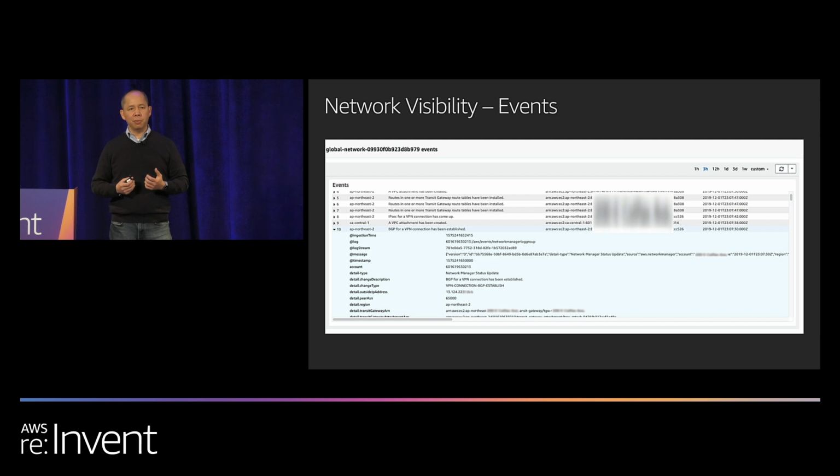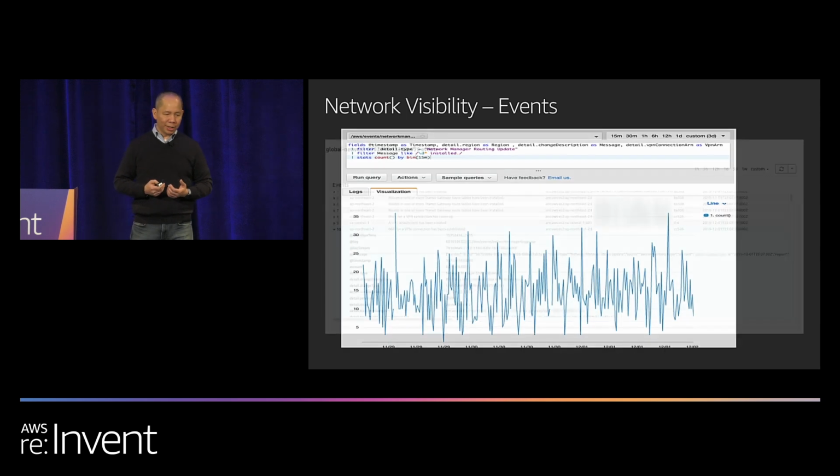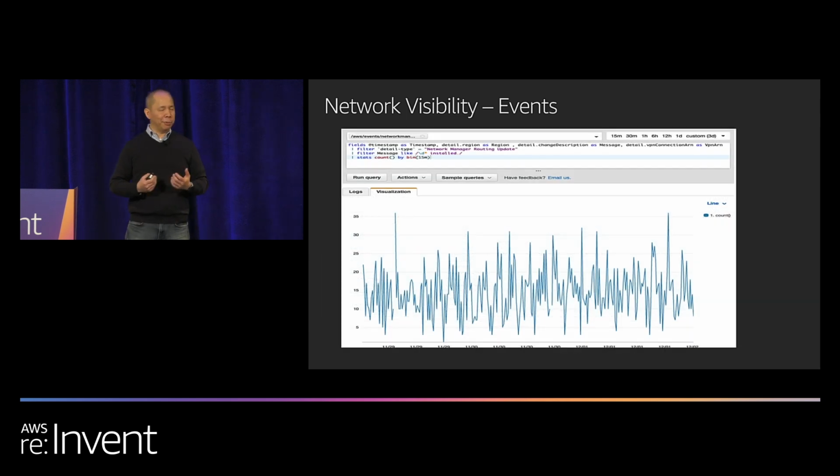But what if you want to do more than what we prescribed as the events? That's where the power of CloudWatch comes in. If you're familiar with CloudWatch, you can use CloudWatch Insights, so you can query all that data that we publish into CloudWatch. In this example, to demonstrate the power of the Network Manager events, we've published basically all of our route installment events.